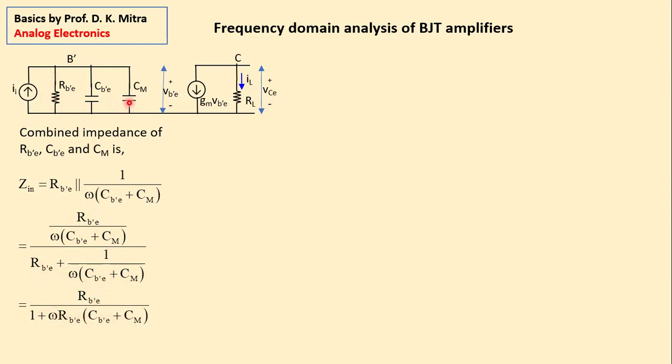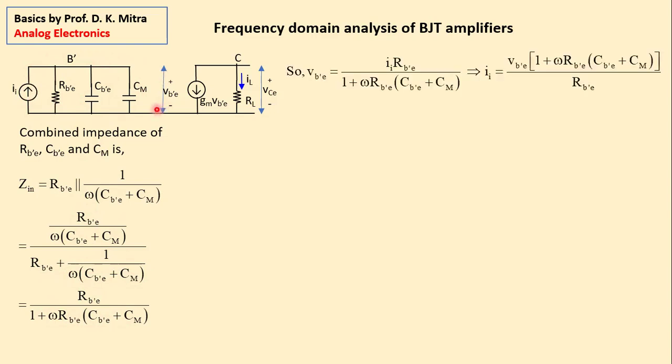So this is the total impedance here. Now the relation between this current and this voltage is easy. V_B is this current multiplied by this total impedance.